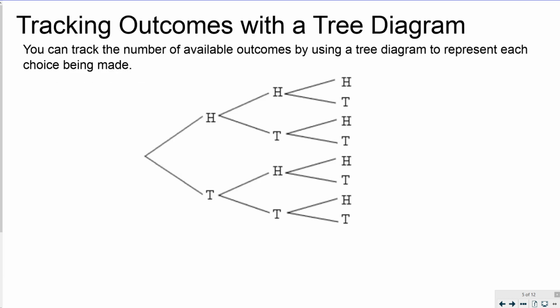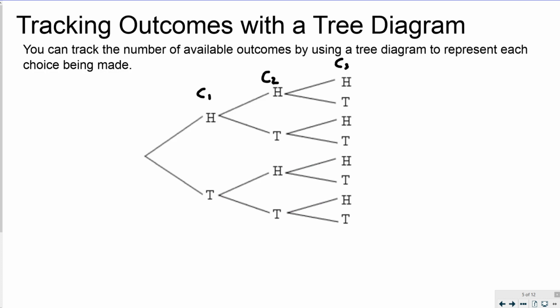You can track those outcomes with a tree diagram to represent each choice being made. Here, in my initial example, I'm making a coin flip 3 times. You have coin flip 1, coin flip 2, and coin flip 3.